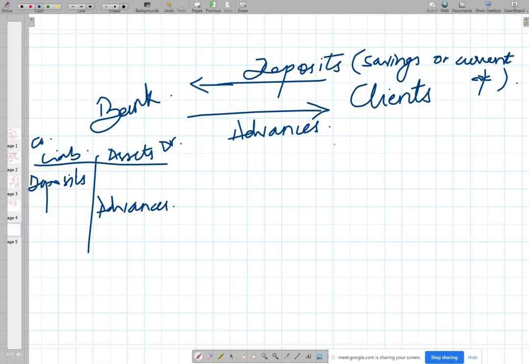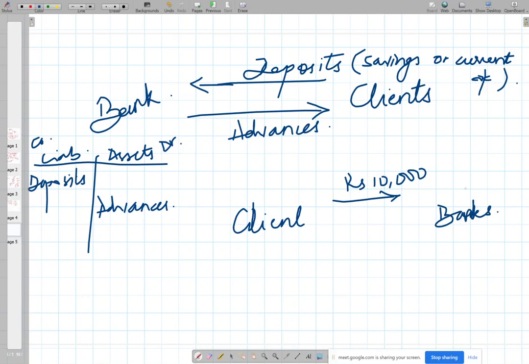Is everybody aware of something called an overdrawing facility of the current account? For example, if you as the client have rupees 10,000 in your bank's current account, and you have put 10,000 in it. For the bank, this 10,000 is a liability, it has a credit balance because you deposited it with the bank.